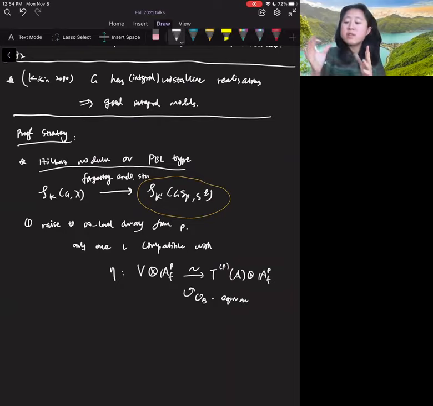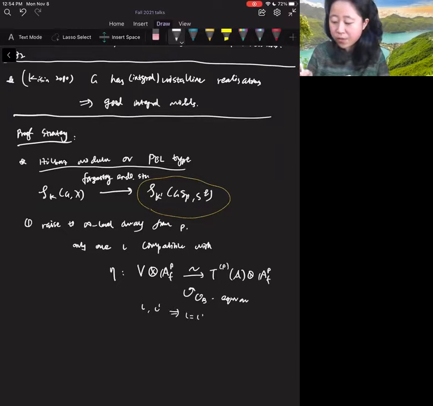So somehow this narrows down your choices for potential endomorphism structure, and it turns out if you just write down what it means for these endomorphism structures to be OB equivariant, you can show that there can only be one choice, because if you have iota and iota prime and they both satisfy this OB equivariance, you can show that they're equal.